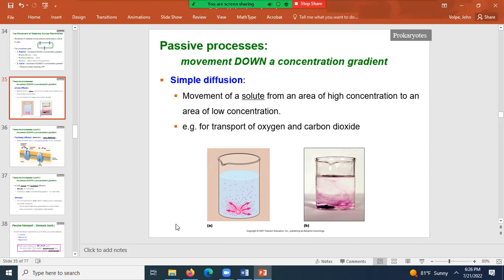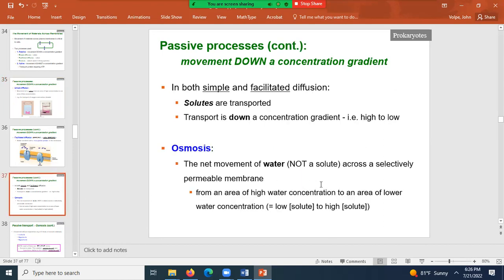That's the point. Osmosis does require a membrane where only water moves across the membrane. And water only moves from areas of high concentration to areas of low concentration. And that we call osmosis.